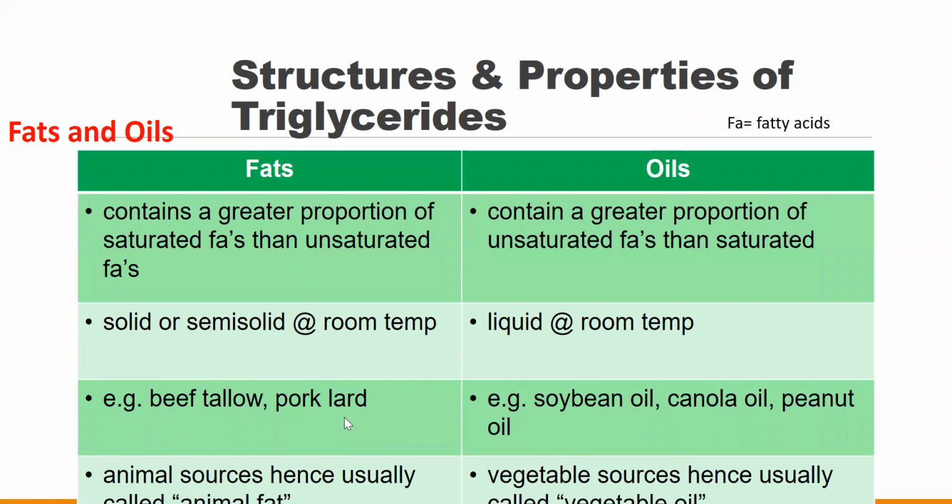Usually, beef tallow, pork lard, animal fats are solid at room temperature. When heated, of course, they become liquid, but when you store them at room temperature, even in the refrigerator, beef tallow and pork lard would solidify. But soybean oil and canola oil are liquids even at low temperature. And again, why would that be?